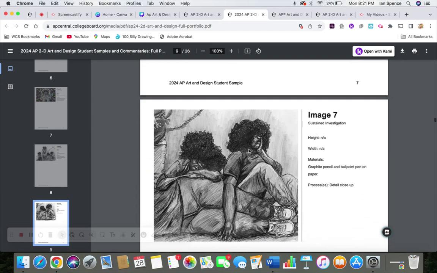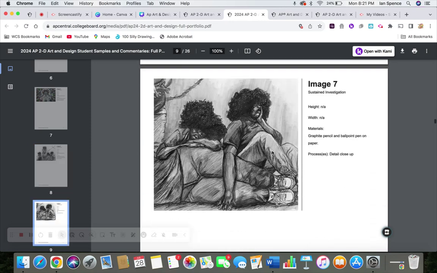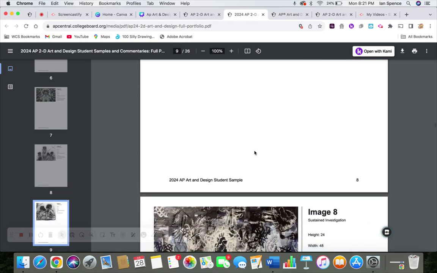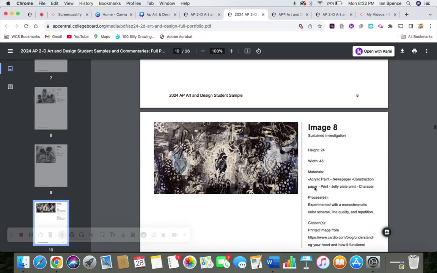And another one of their images is a close-up of this one, which is pretty cool. Now, I don't like this portfolio example for one reason, and that is they don't really show their sketches or their experimentation, but they still scored really well. So there's not really a right or wrong.